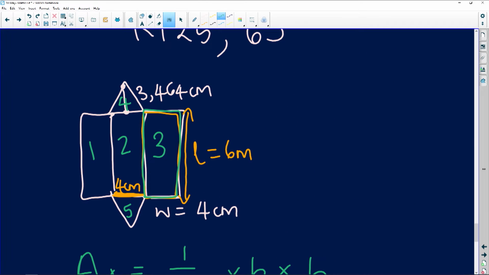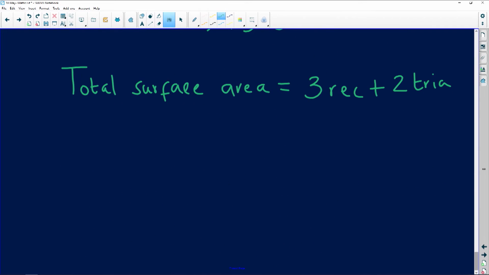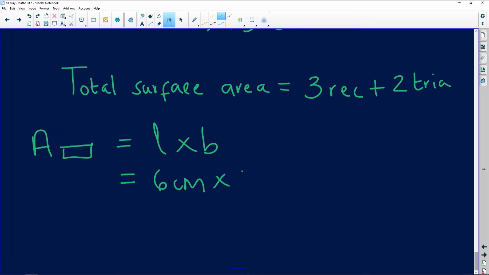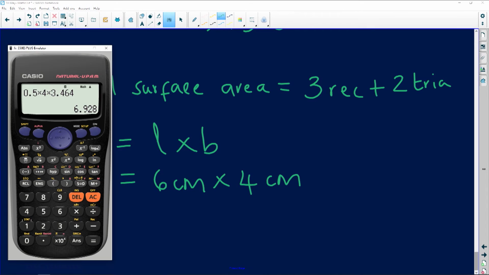So if this is the width of one rectangle and it's 4, it means that I am going to take that 4 and I'm going to multiply it by 6, because the area of a rectangle is equal to length times breadth, and the length is 6 centimeters and the breadth is 4 centimeters. 6 times 4 is then going to give me 24.